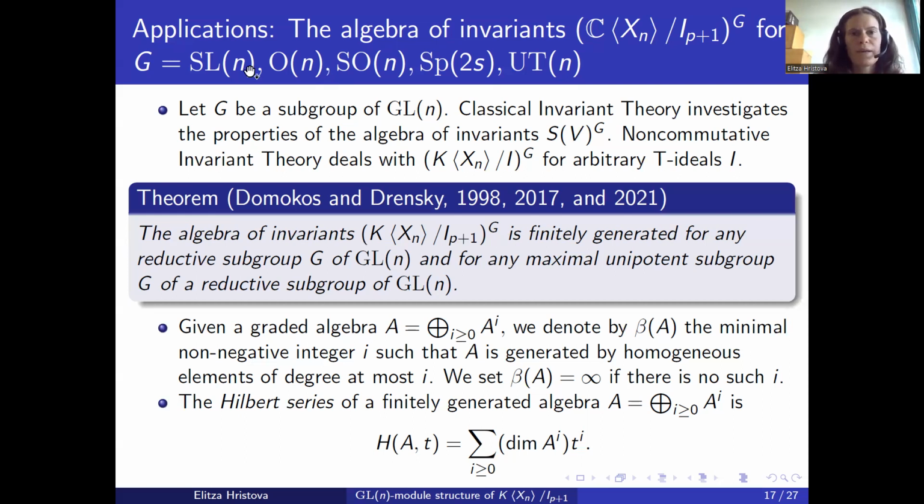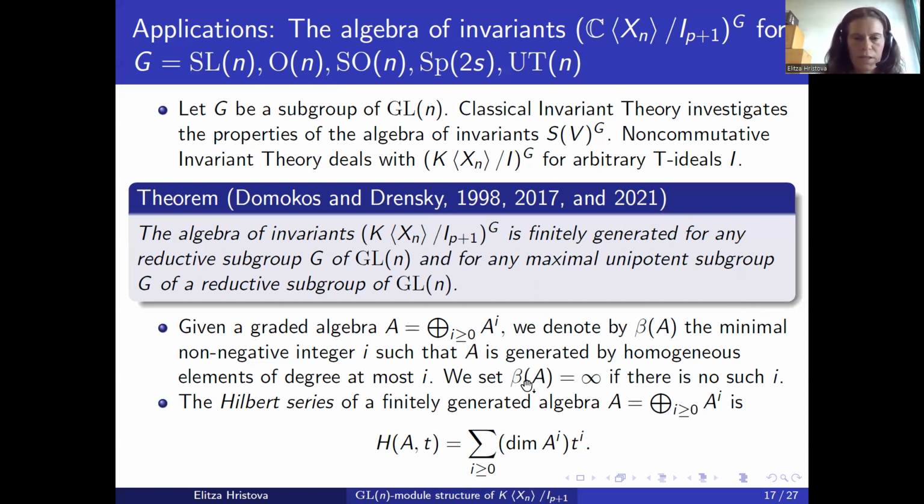So for all 5 of them, we know that the respective algebra of invariants is finitely generated, and using our methods, we want to find a bound for the maximal degree of a generator. And we'll denote this maximal degree by beta.